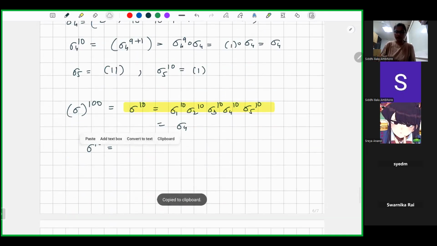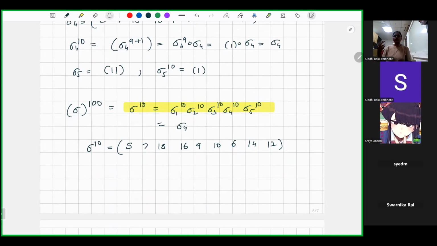And this we could calculate easily because of two things. We know what the order is, so we just got rid of a huge chunk of this power. That is, sigma power 100 essentially becomes sigma power 10. And further, we had cycle decomposition.